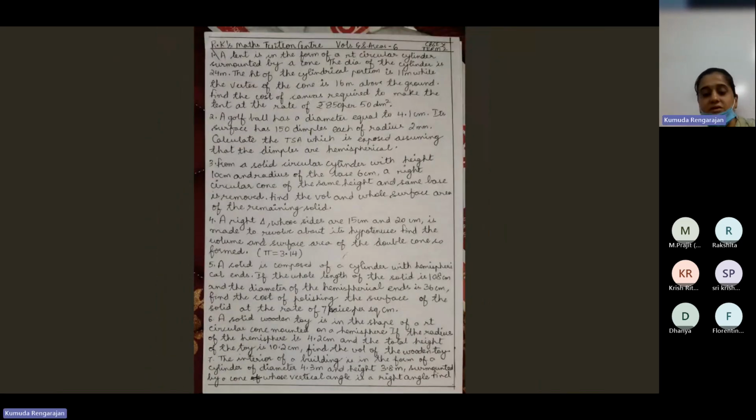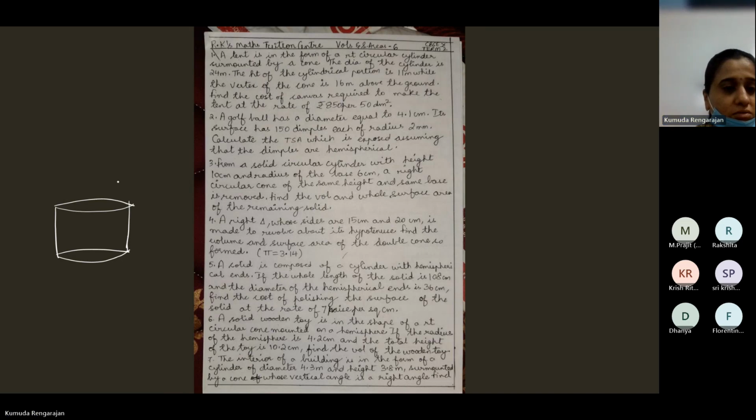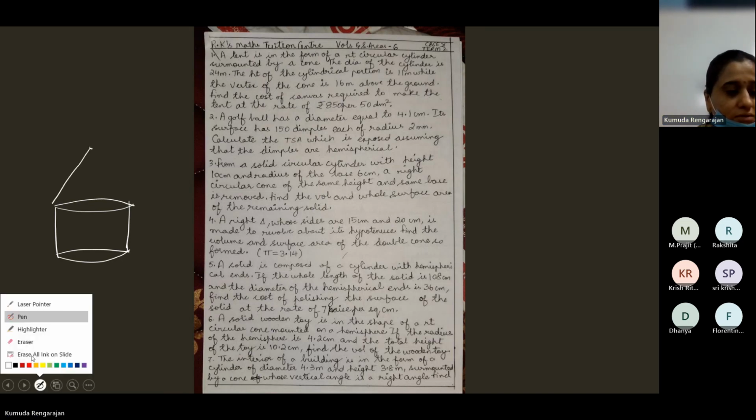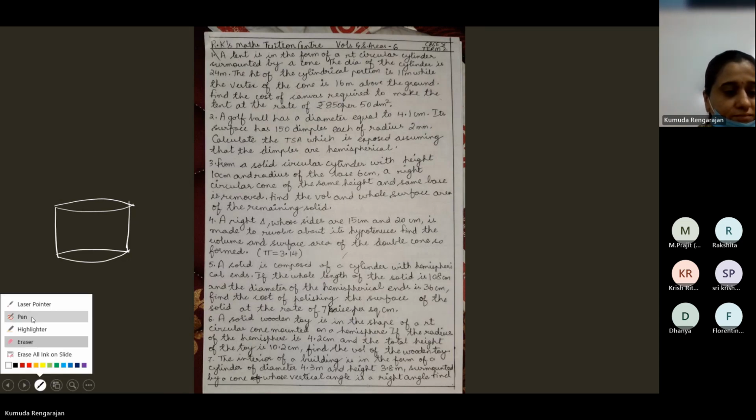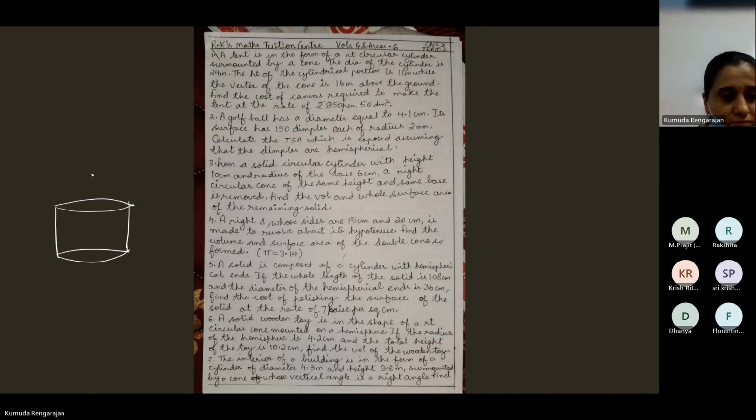Nice questions. So, children, the building is cylindrical, surmounted by a cone. This vertical angle is 90 degrees.